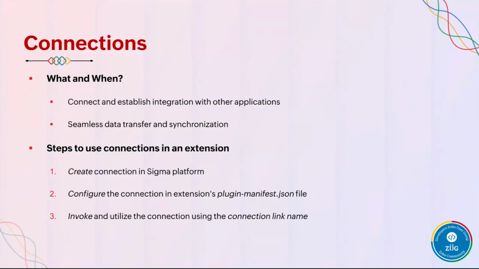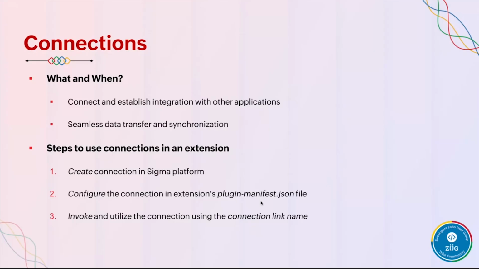Just like the name suggests, connections help you establish an integration between two applications. When do we need an integration between two applications? If you want to push or pull data between two applications, that connection has to be secure so that the data can be transferred seamlessly and in a synchronized manner.